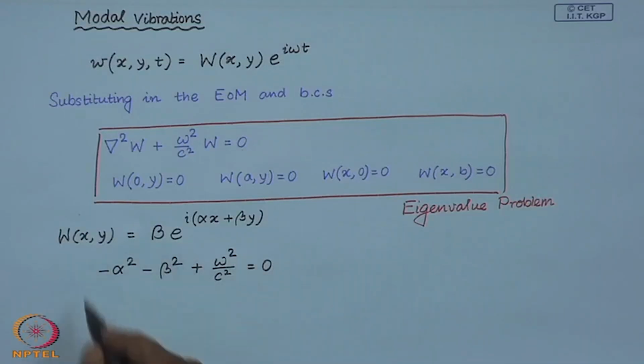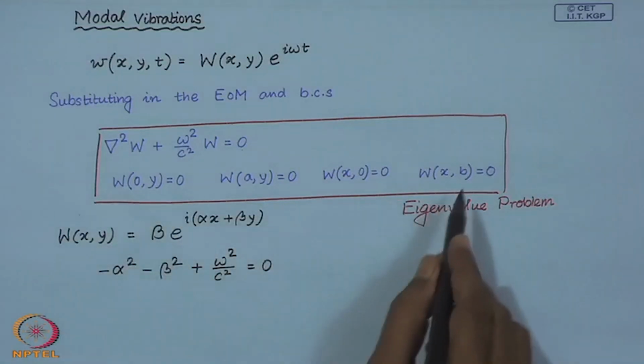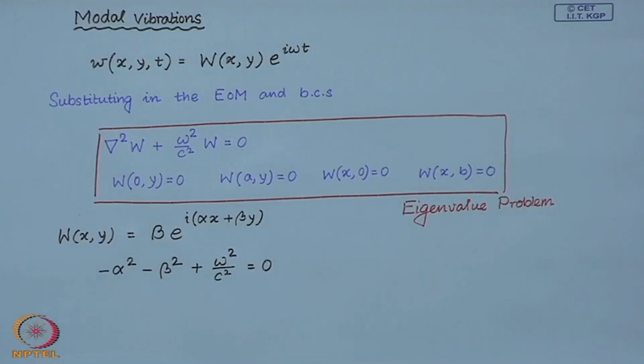So, this is what we obtain. So, alpha and beta have to be chosen such that this equation is satisfied, but that is not all. As you know, we have to also satisfy these boundary conditions.